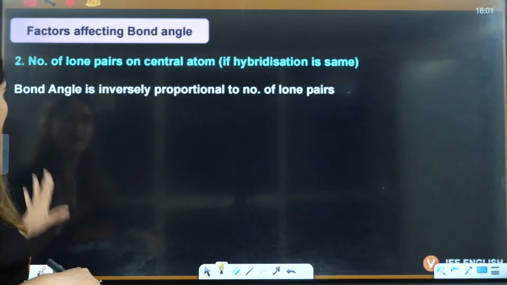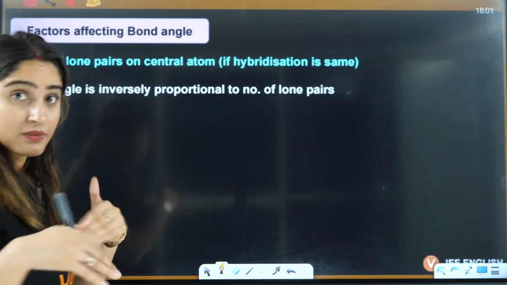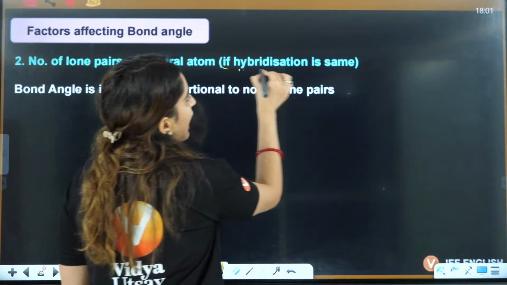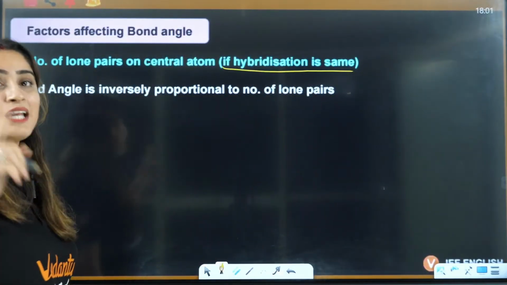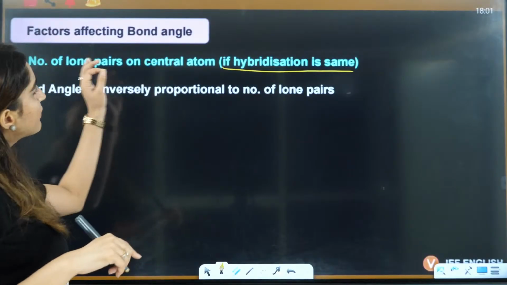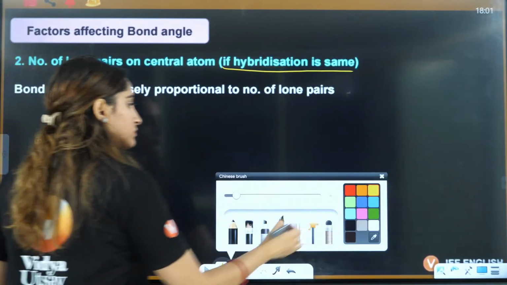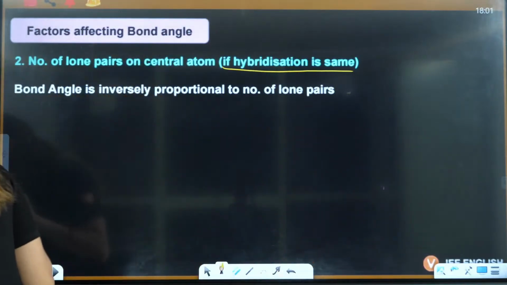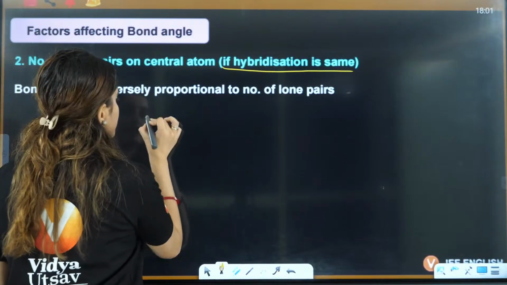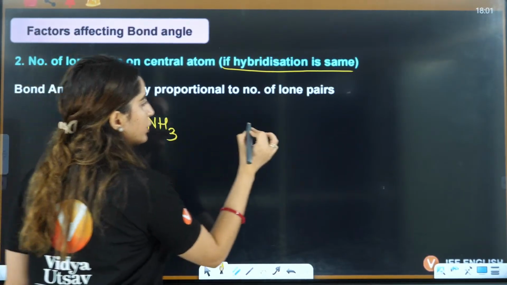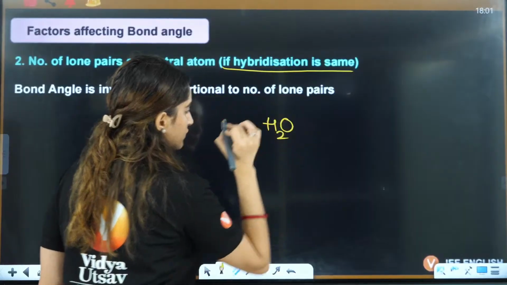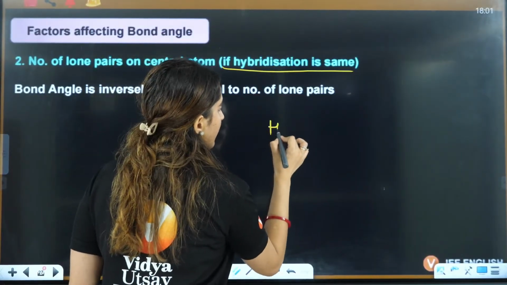Now if I say hybridization is same, then the next step what we will see, if hybridization is same, then we will see the number of lone pairs on the central metal atom, right? Example I am writing for you, let's say you have NH3 and you have H2O, okay.